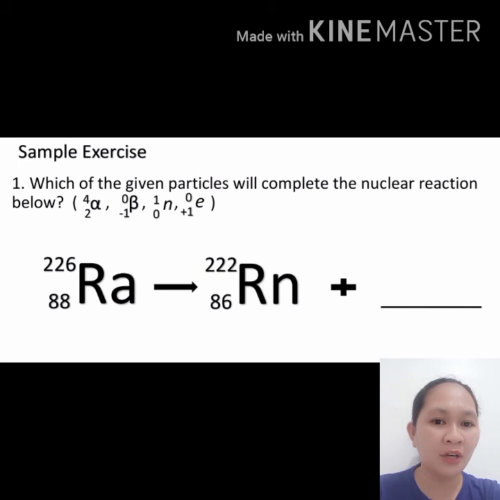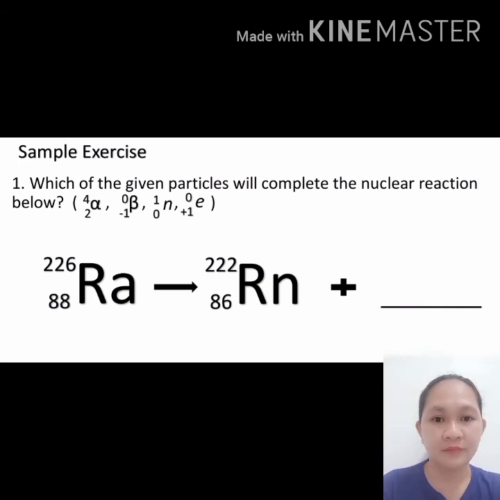From 226, naging 222 at from 88, naging 86. Ngayon, hahanapin natin kung anong nuclear reaction ang nangyari or anong radiation particle yung kailangang ipuno dito sa ating equation. Is it alpha particle? Is it beta particle? Neutron? Or electron? Bibigyan ko kayo ng 5 seconds to answer this sample exercise.